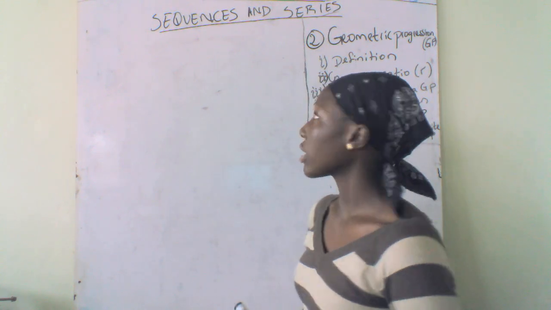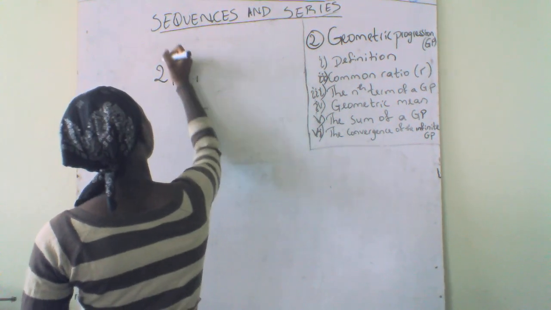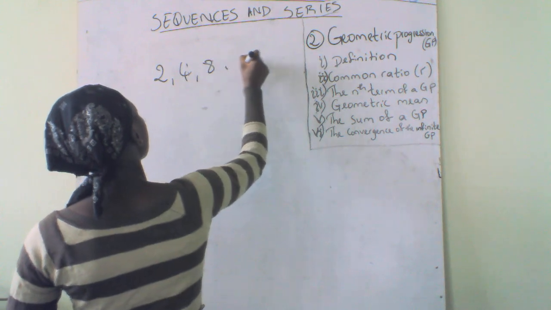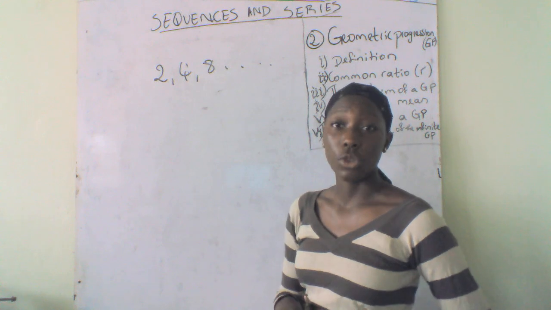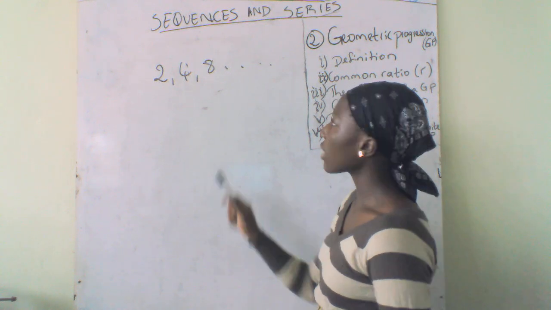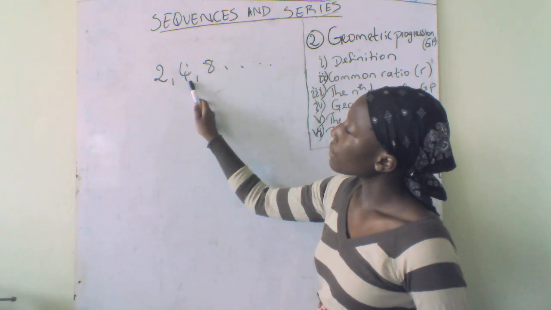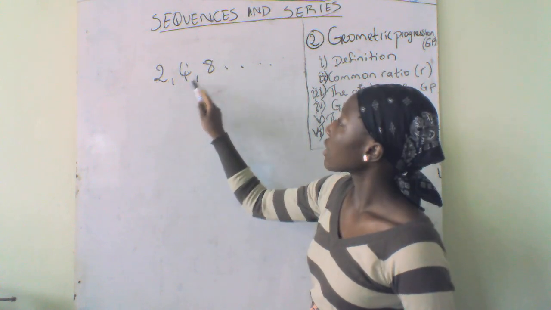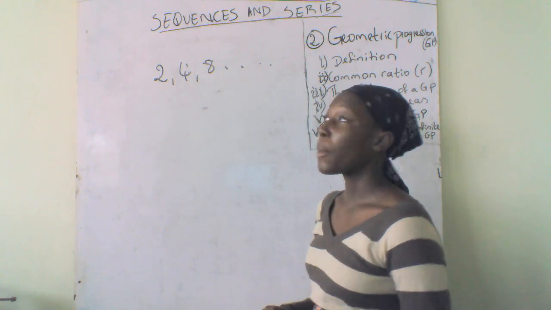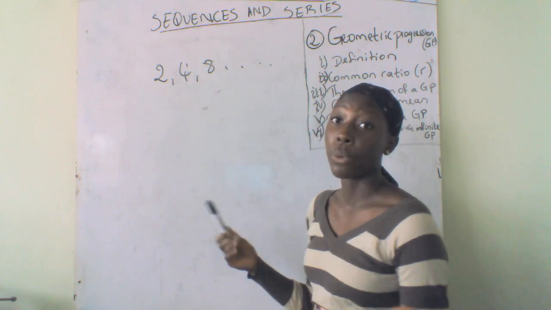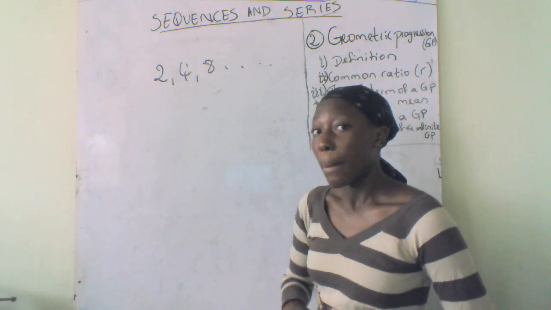For example, if you are given this sequence, that can be said to be in a geometric progression because you can observe that there is a multiplication by 2 from the first term to the second term, and from the second term to the third term there is also a multiplication by 2. Therefore, multiplying by 2 has become a rule for obtaining the next term, making it a geometric progression.